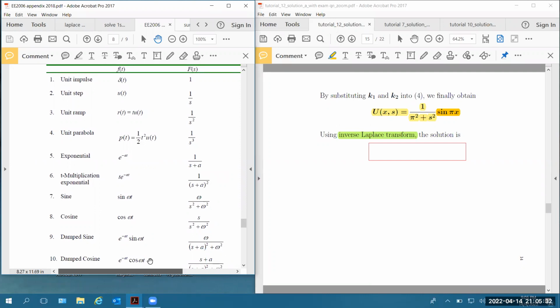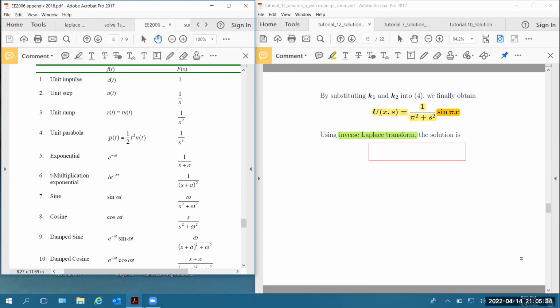Which one? 1 over pi square plus s square. Which one do you want to use? Sine. Yeah, you're going to use sine.